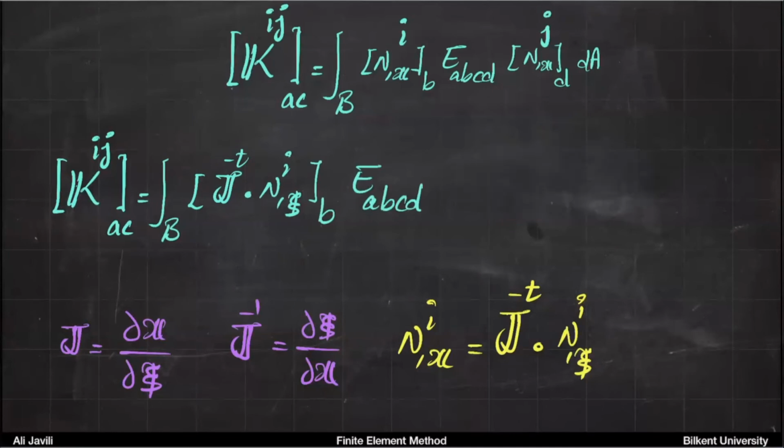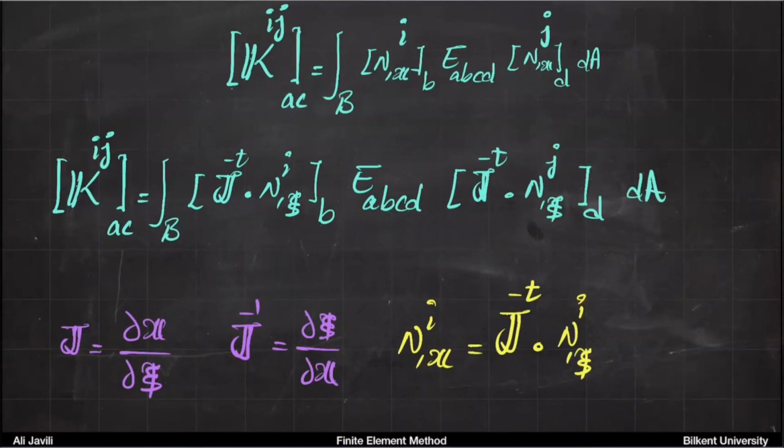And the next one would be the same story. So it would be J inverse transpose and the C component D of that DA. All right, so we have come one step further.